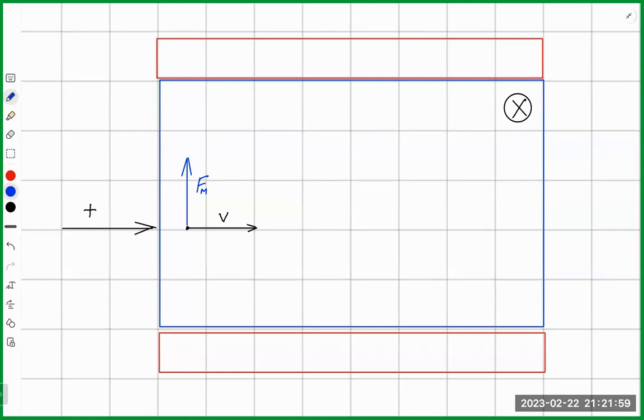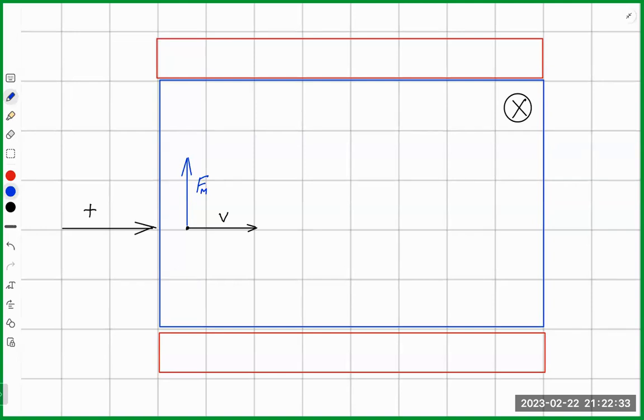The bottom one should be negative. The upper one should be positive. Why? Can you explain why? Do you think when the upper one is negative, what will be the direction of force on the positive charge because of the electric field, upward or downward? Downward.